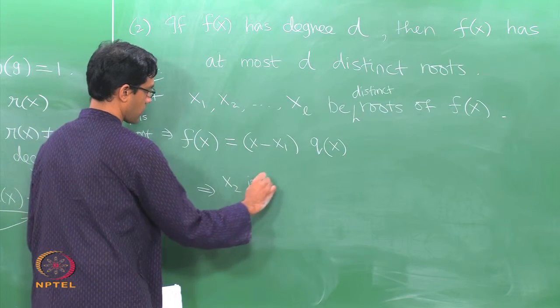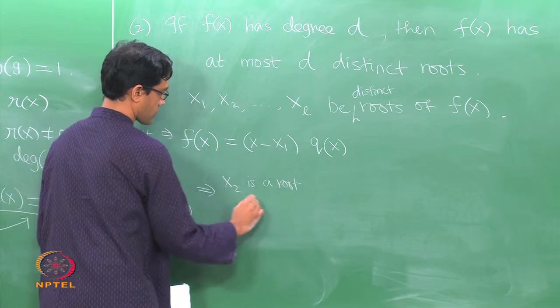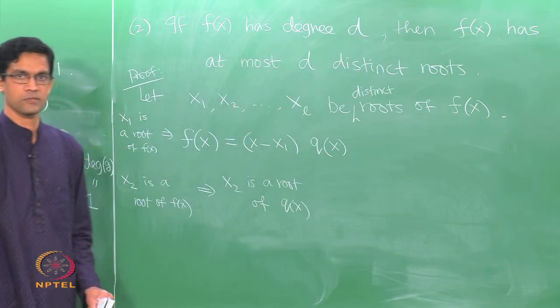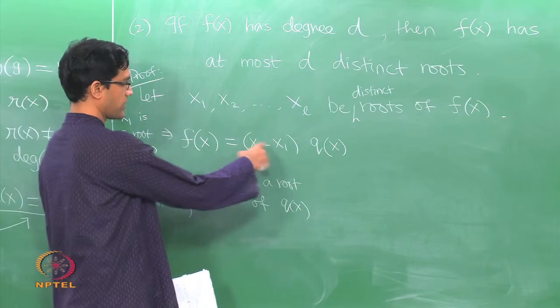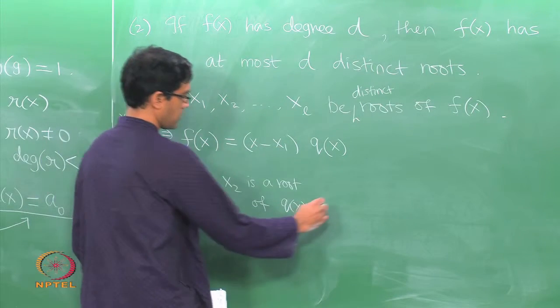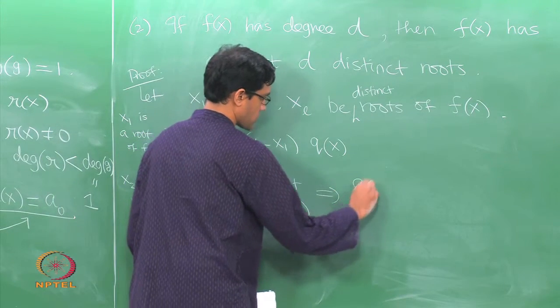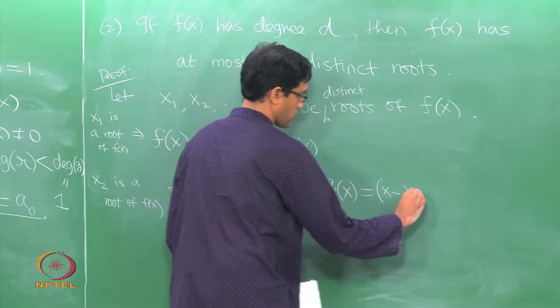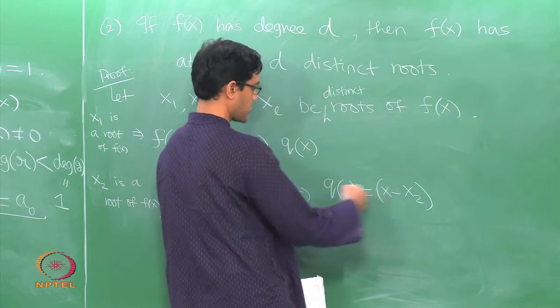x2 is a root of q of x, okay, because x2 minus x1, the term in front, is non-zero, which means again you use the same thing. It says since you have a root of q of x, x minus x2 divides q of x.